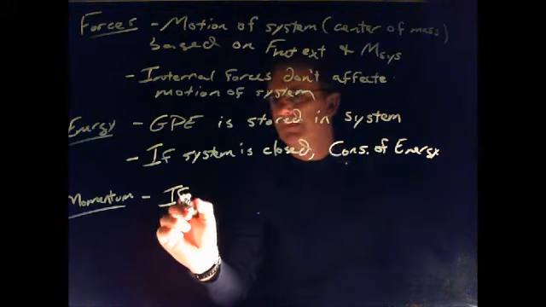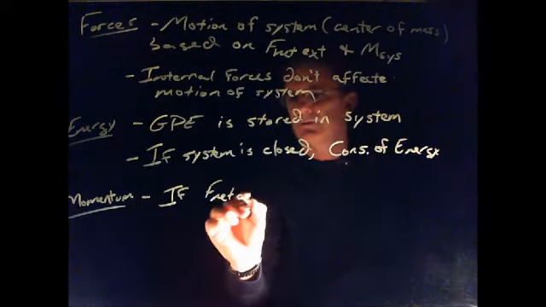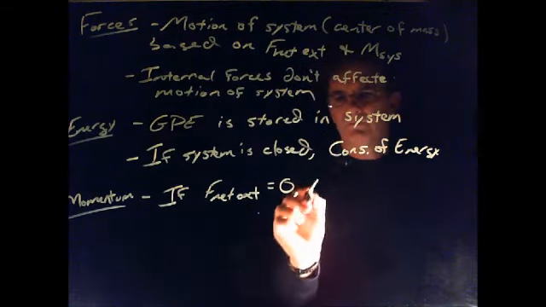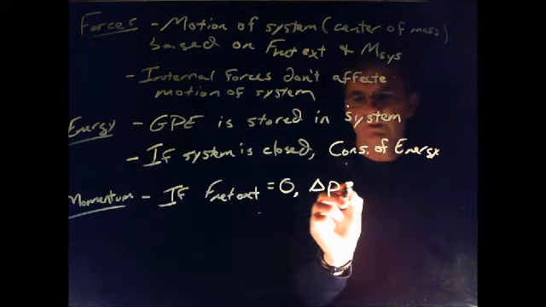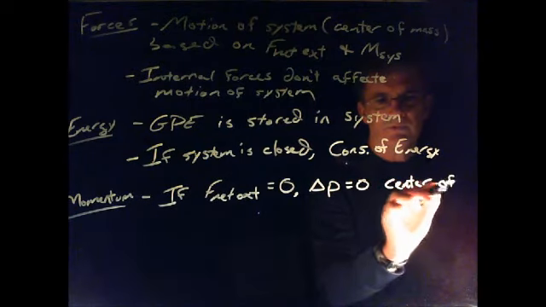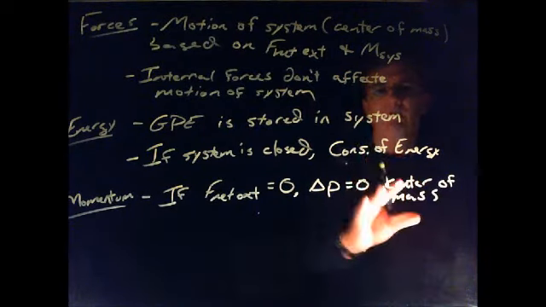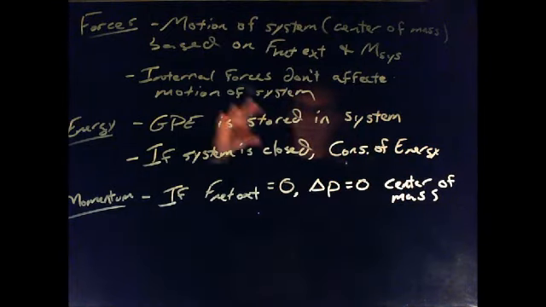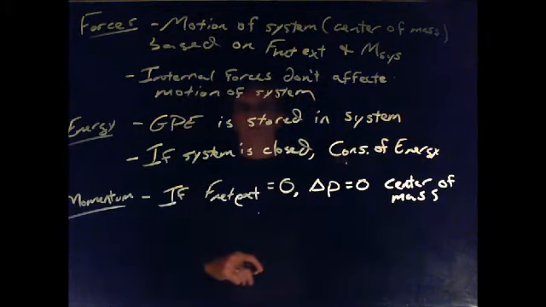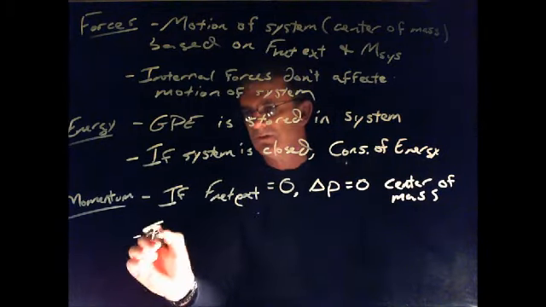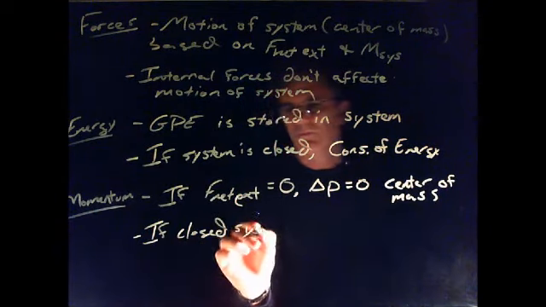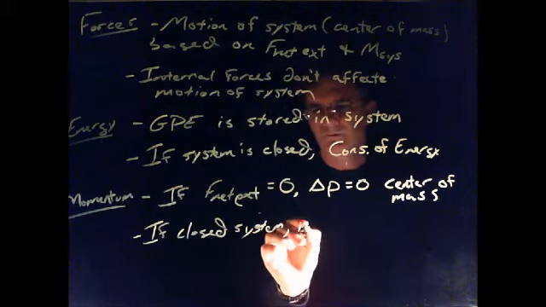If our net external force is 0, then the change in momentum is 0 for the center of mass. In other words, we cannot change the momentum of the center of mass of the system if the net external force of the system is 0. Similarly, as with energy, if we have a closed system, momentum is conserved.